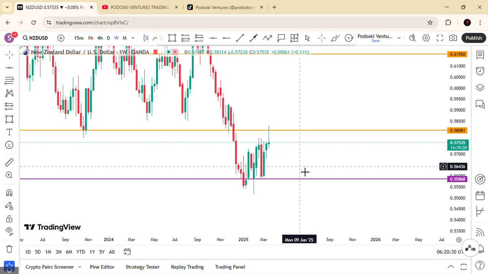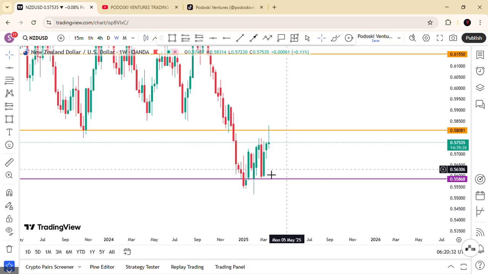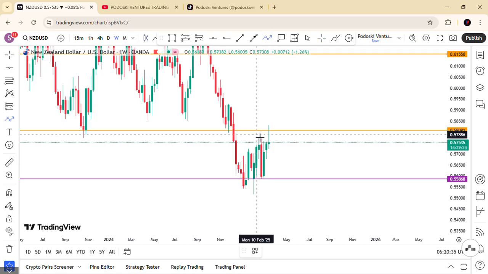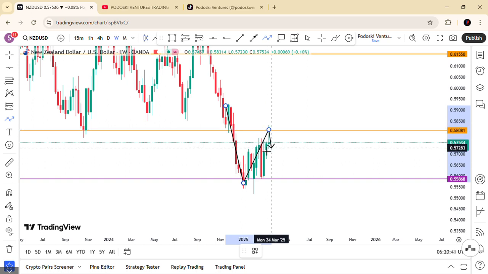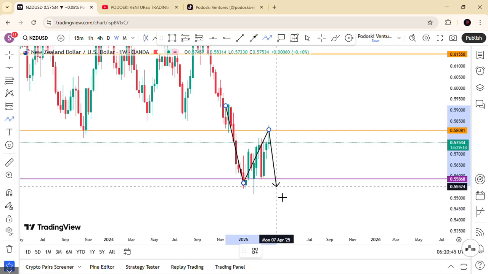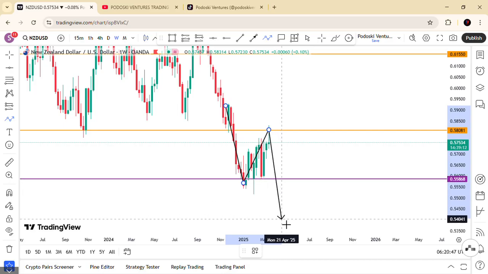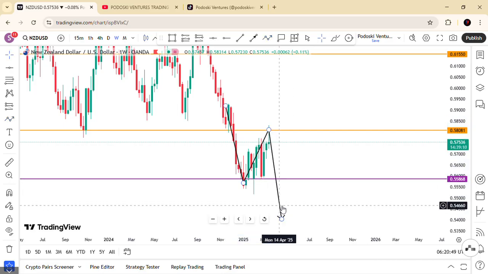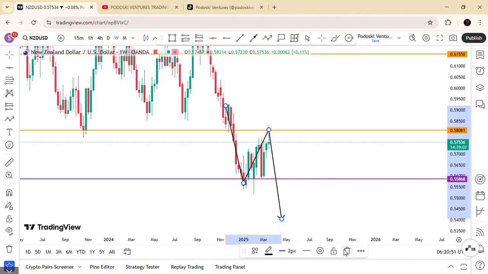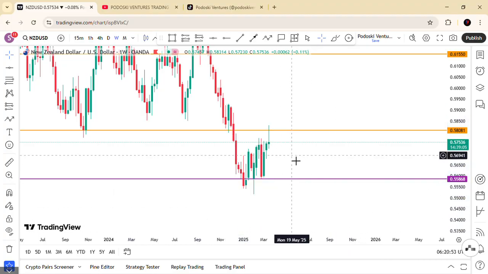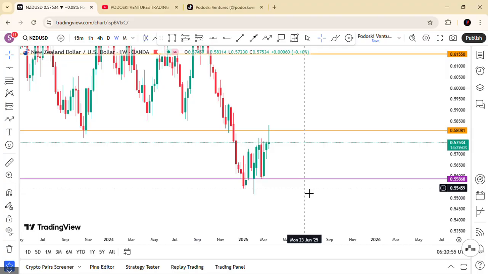So on the NZDUSD, price has tapped in after it broke structure. It has currently tapped into the resistance with much rejection. So I expect to see something like this, breaking the zone, then it continues to drop. Then we can probably see a pullback and then it continues like that.